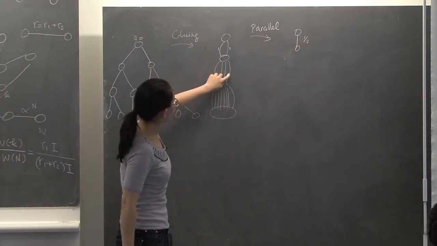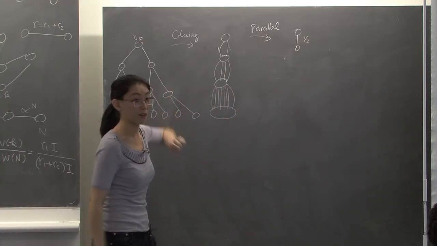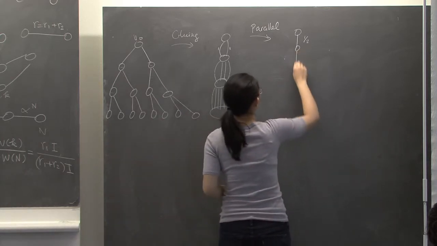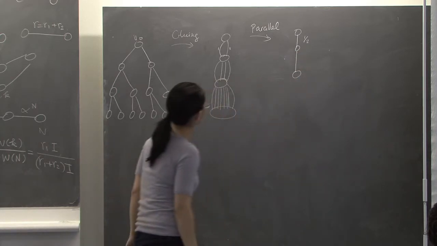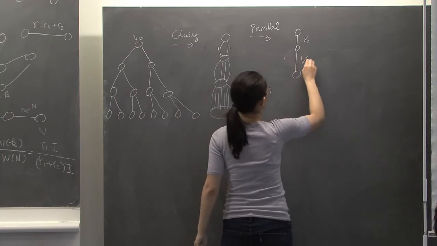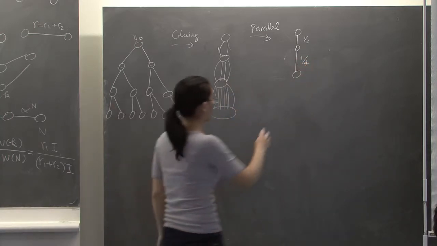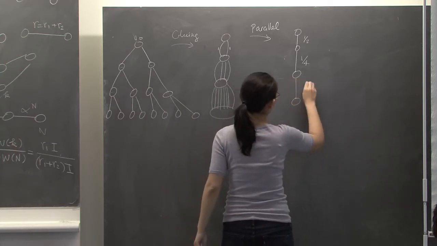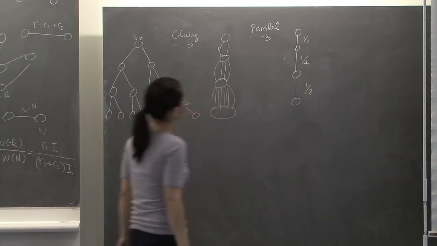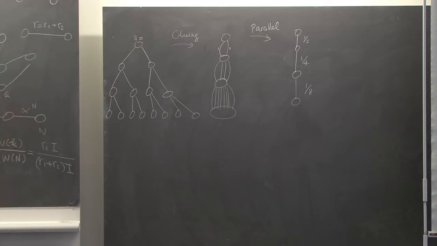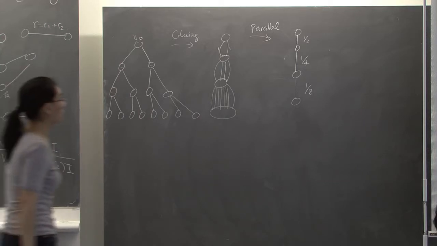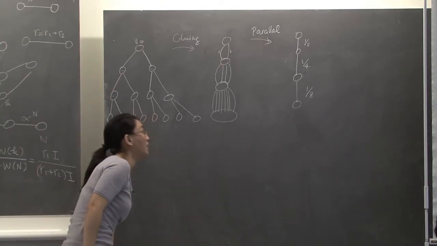And for the 4 edges here, we apply the parallel law again. They can be replaced by 1 edge, and the resistance becomes 1/4. And these 8 edges can be replaced by 1 edge, and the resistance is 1/8. This is the parallel law.